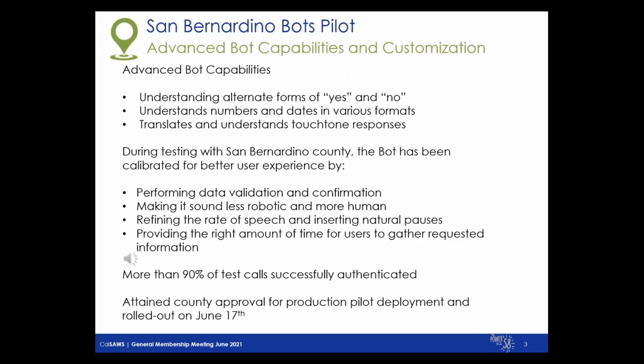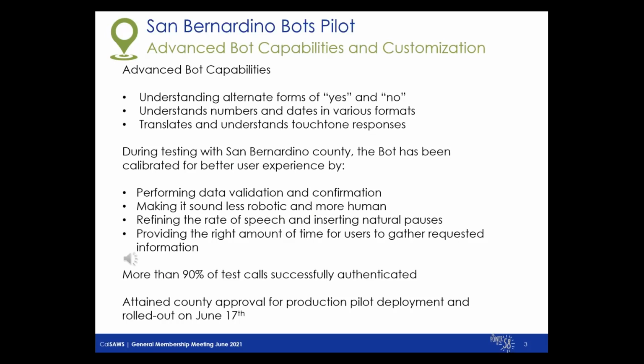If we take a closer look, we'll see that the bot is capable of advanced capabilities such as processing and understanding touchtone entries, understanding variations of yes and no, such as yeah, yup, and nope, and understanding numbers and dates in multiple formats, such as 1834 as 1834 and O as 0.